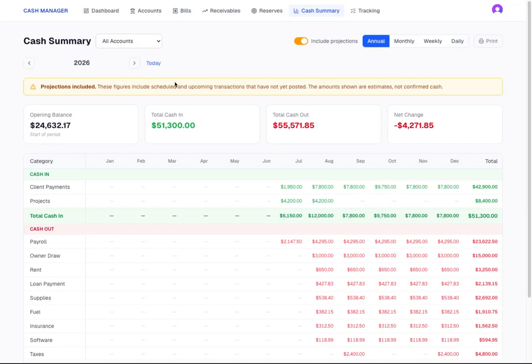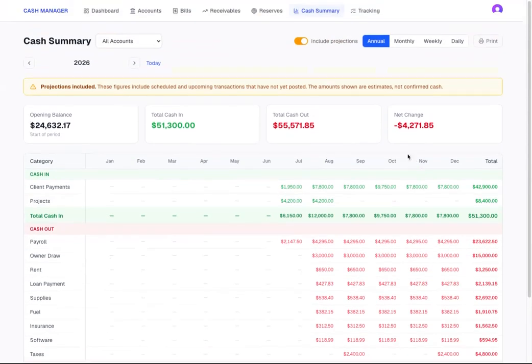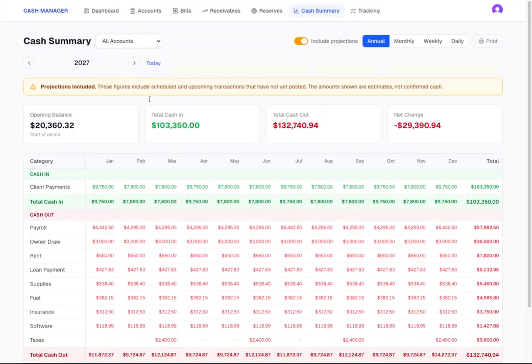Another thing that's interesting is, even though in this particular scenario we have a couple one-off projects and we do have recurring payments that we're getting from clients weekly, if you looked at this picture for this current year, everything looks okay right now, but I'm going to toggle into next year.